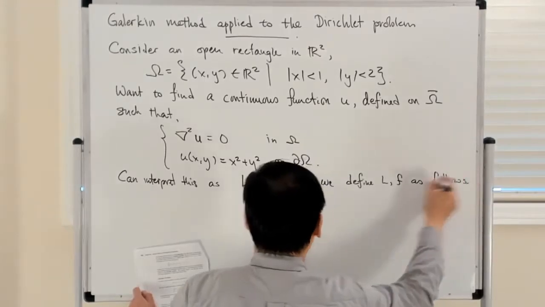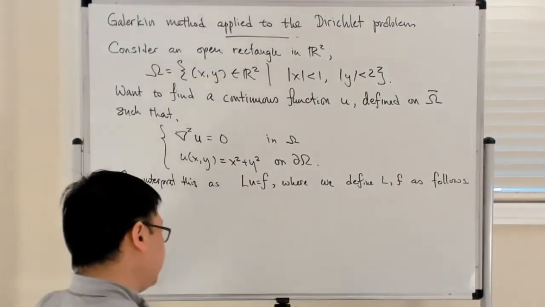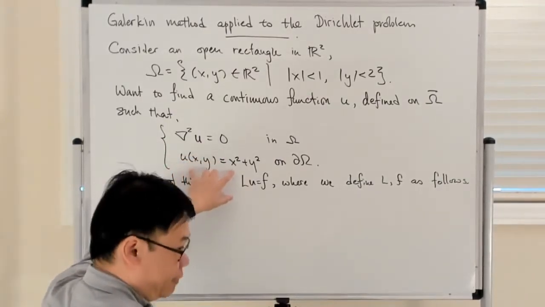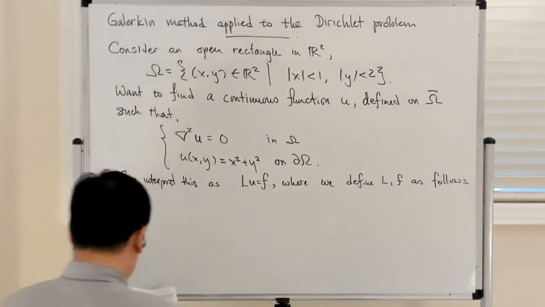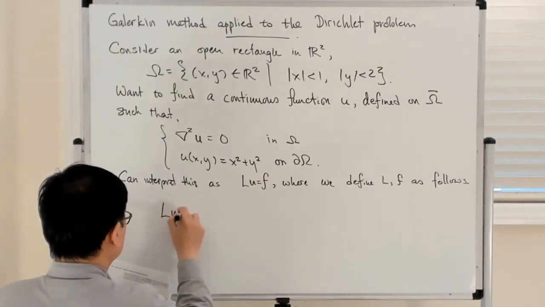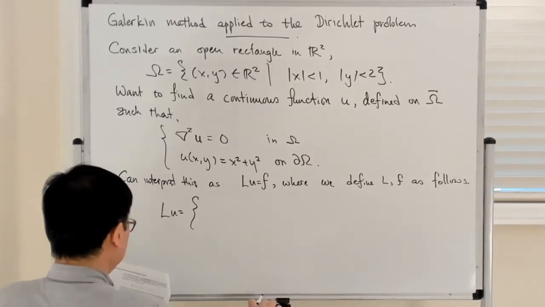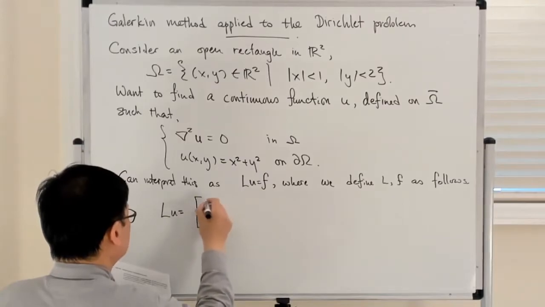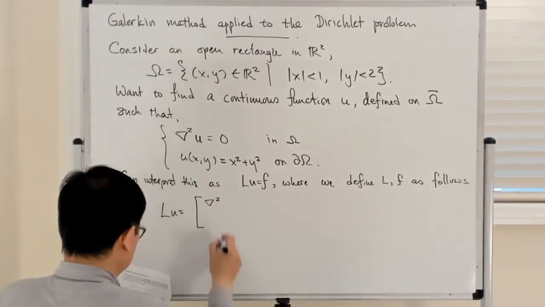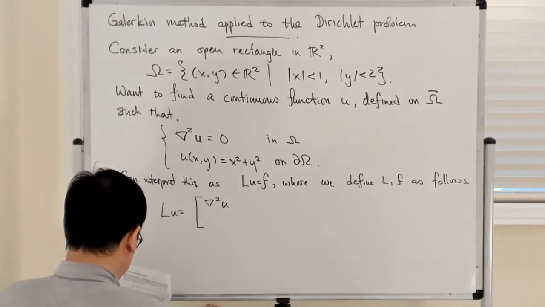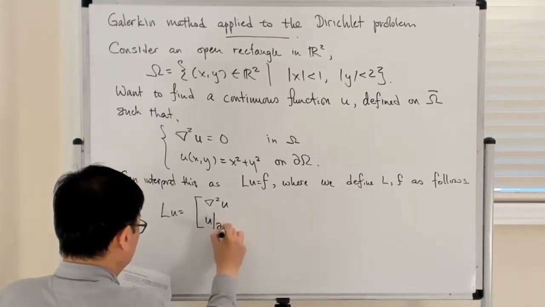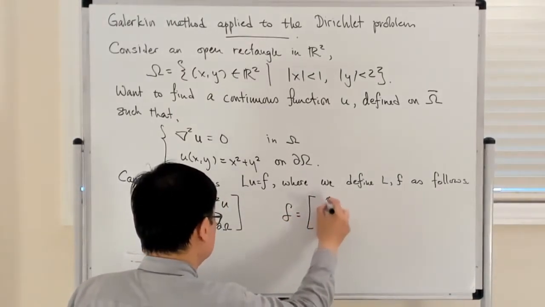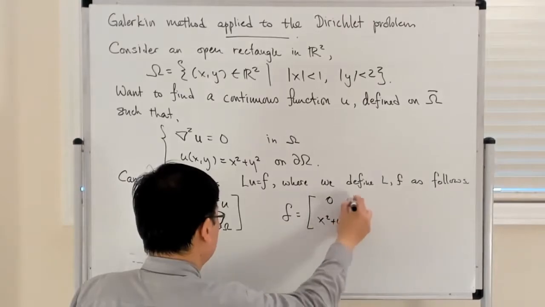So it's not such a big deal, obviously, to think of the differential equation part of this as a linear operator, but we're also going to think of the boundary condition as a linear operator. So Lu is going to be given as follows: the Laplacian acting on u, and u restricted to the boundary. And F is going to be equal to 0 and x squared plus y squared.